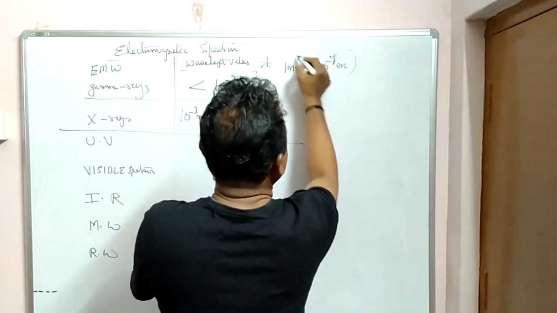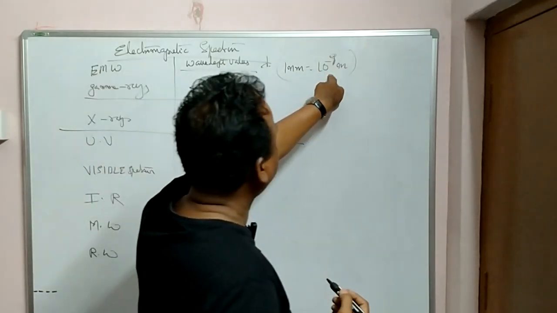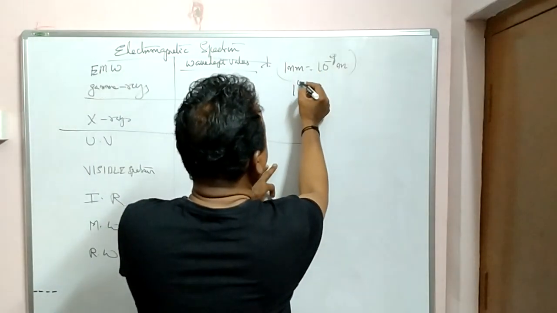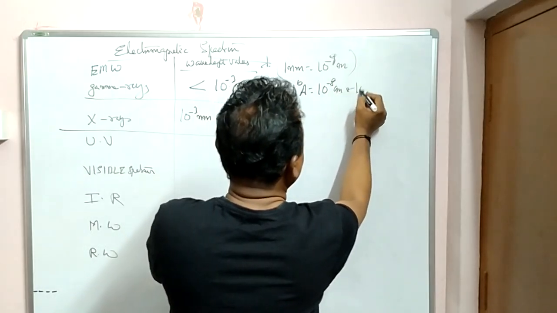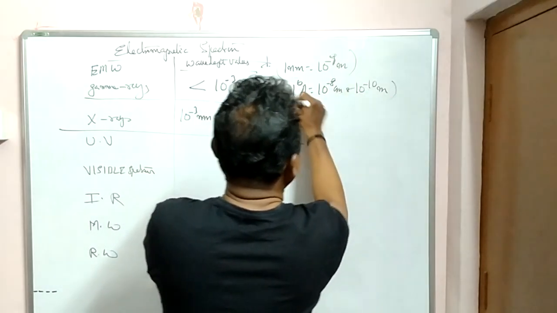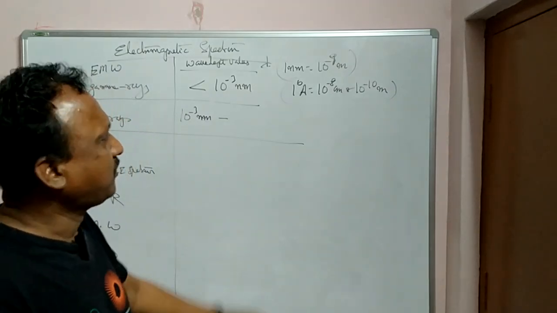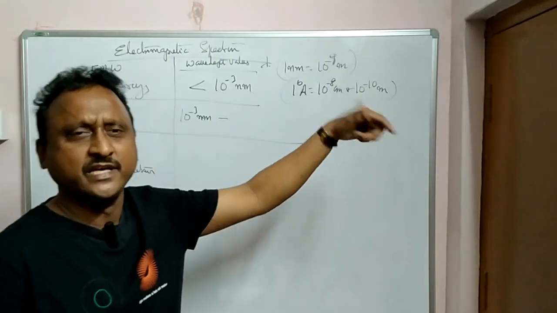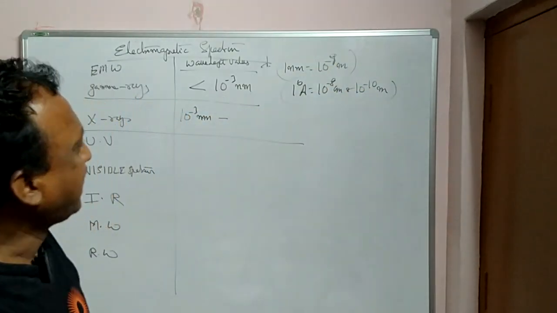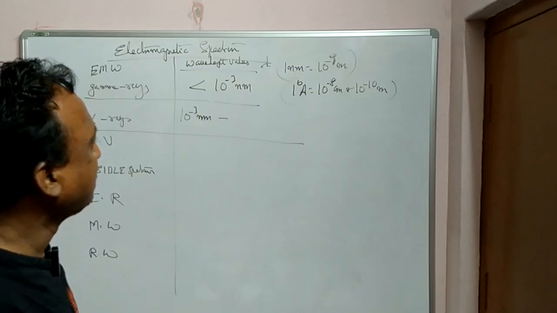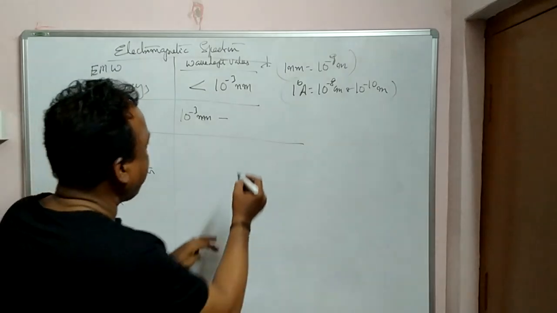Nano means 10 to the power of minus 9 meters. You should know all these. 1 angstrom is 10 power minus 8 centimeters or 10 power minus 10 meters. If you remember these values carefully, it will be easy for us in future. Now the X-rays range is 10 power minus 3 to 1 nanometer.